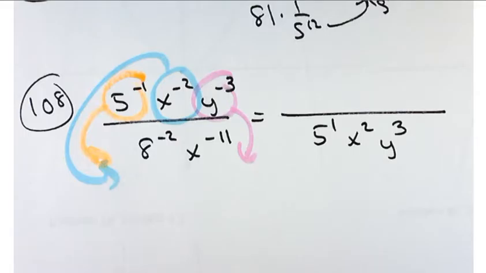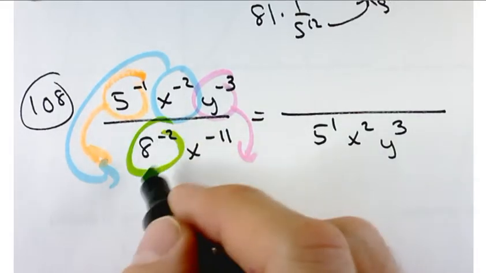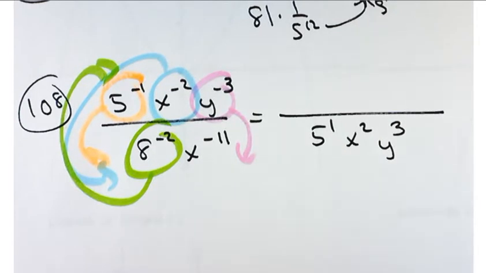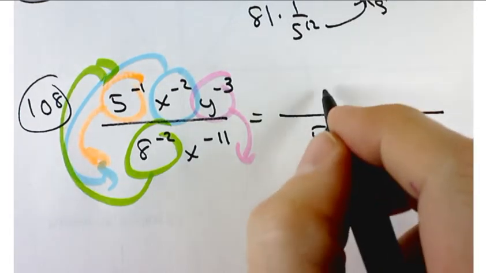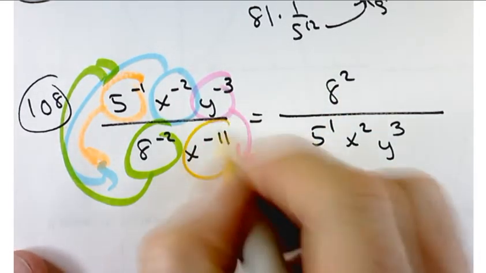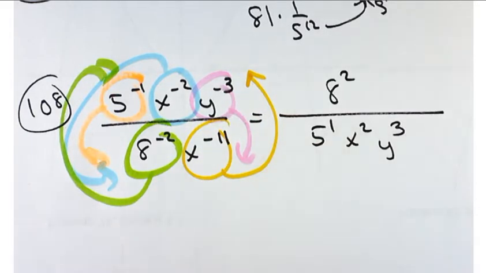So all these terms are switching sides to get rid of the negatives in their exponents. But we should still keep going. What else is going to change? The 8 is going to come up, so I'm going to have 8 squared in the numerator. What else am I going to have in the numerator? X to the 11th power.